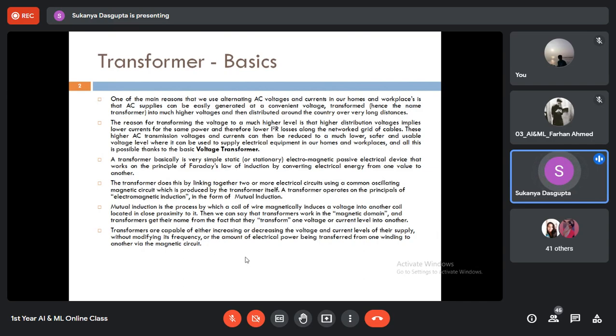So if current is less, definitely the square of current will be less, and hence the losses will be reduced. So this is the main reason why we are using transformer and why we are using AC transmission over the long transmission lines to distribute the electric power from the generating station to the receiving station or to the consumer station.